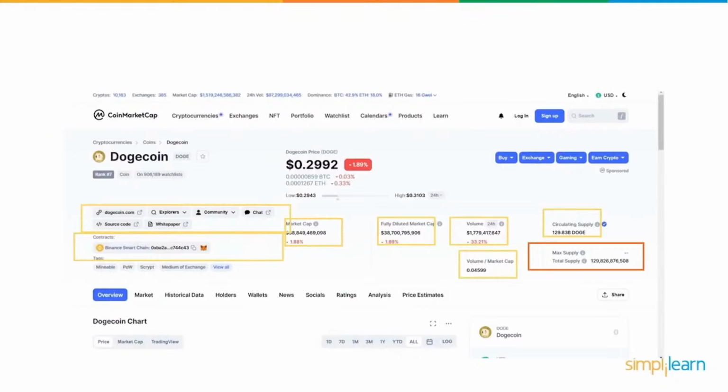It is the capitalization when max supply of Dogecoin was in circulation. And on the right side, just before total supply, you can see the volume of Dogecoin, 1,779,417,647. It is the value of Dogecoin traded in 24 hours.